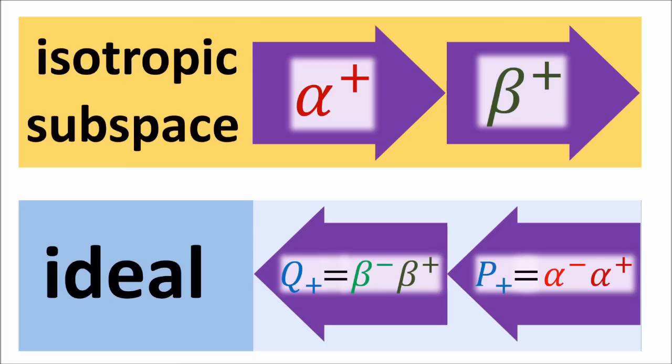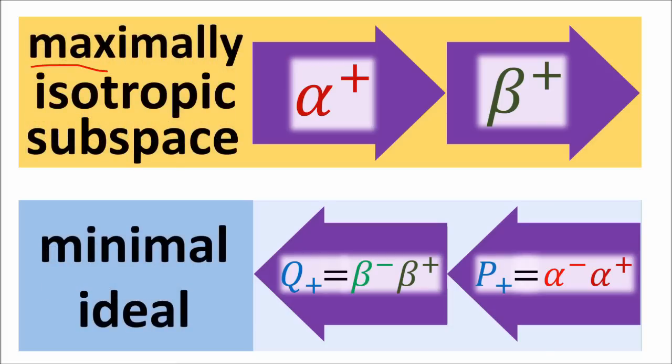We keep expanding our isotropic subspace until we reach a maximally isotropic subspace, which means we can produce the smallest possible ideal, which is a minimal left ideal. So the key idea from this video is, in order to build minimal left ideals where spinors live, we need to build projectors using nilpotents from a maximally isotropic subspace.